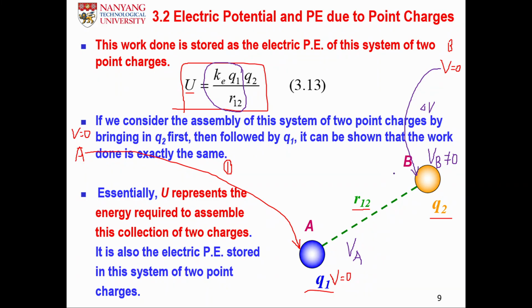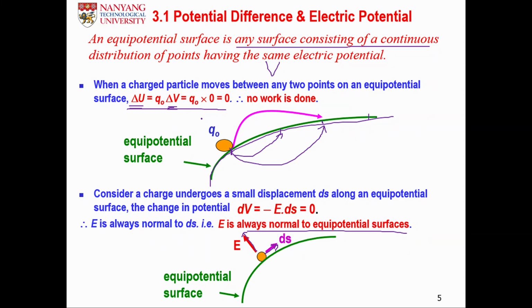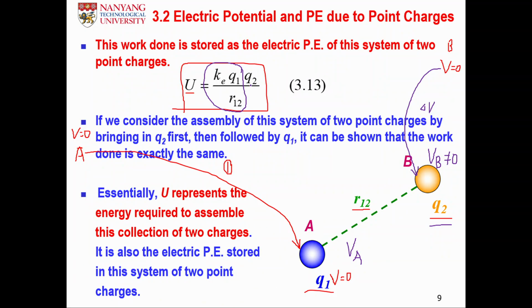And delta V times Q is delta U, the change of the electrical potential energy. And eventually, with Q2, you get this total potential energy U equals KQ1Q2 over R12.